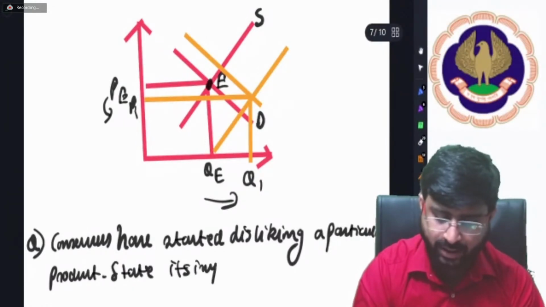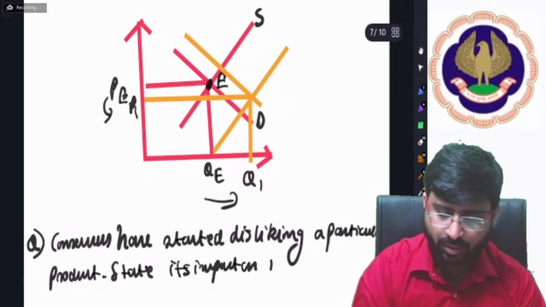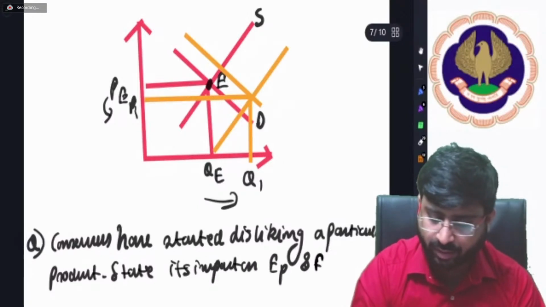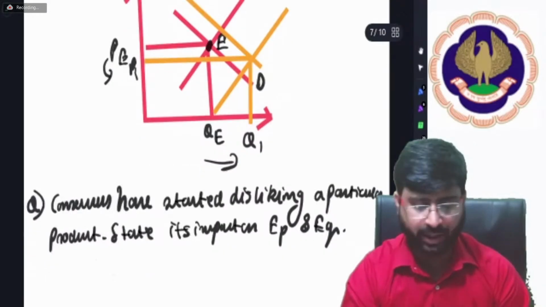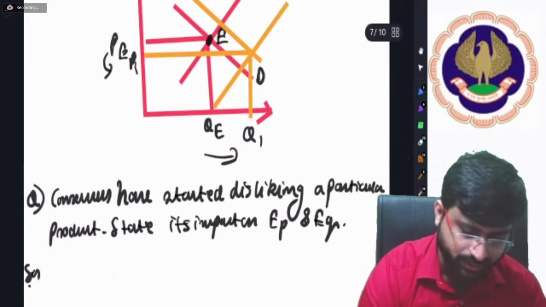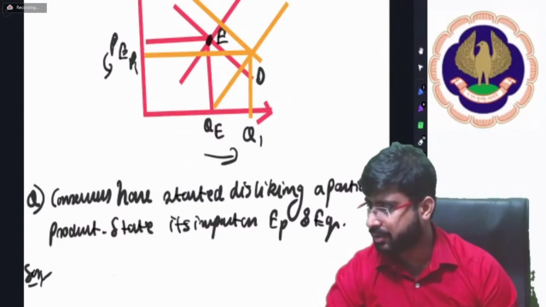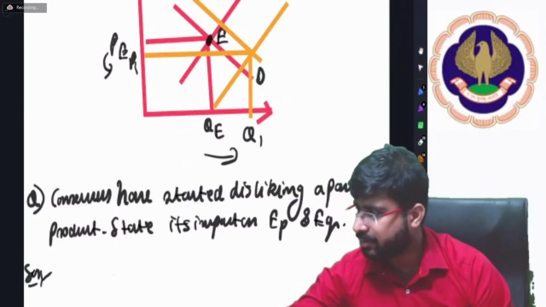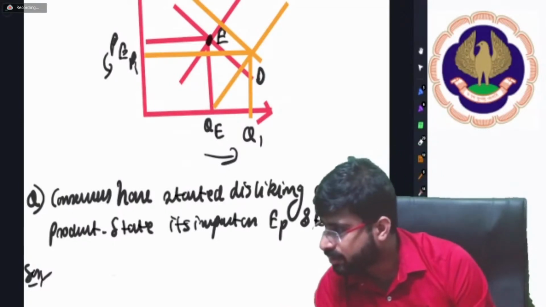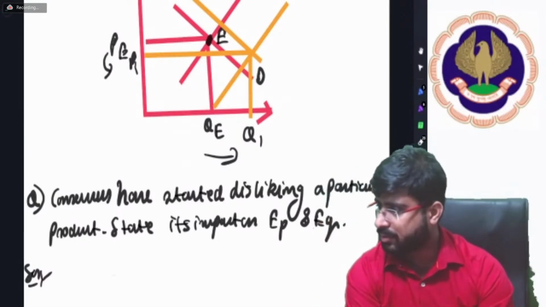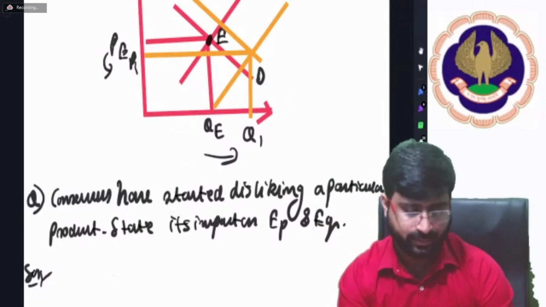State its impact on equilibrium price and equilibrium quantity. Come on, everyone, attack. Consumers have started disliking a particular product. Come on, friends.